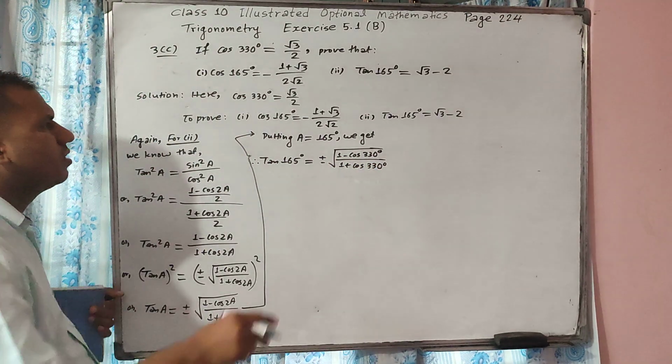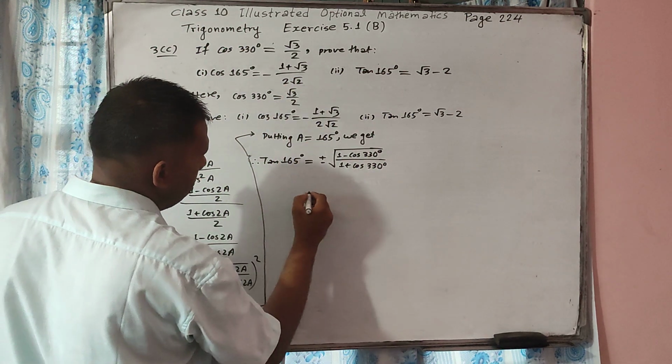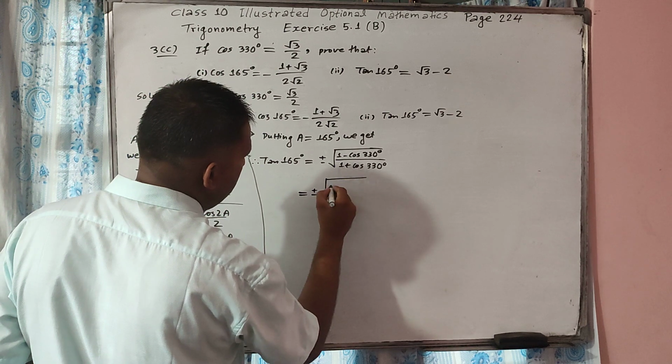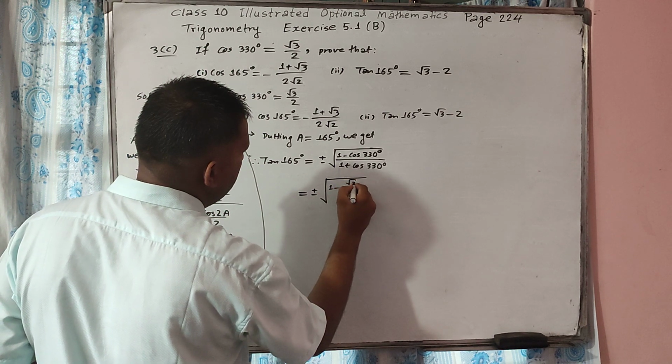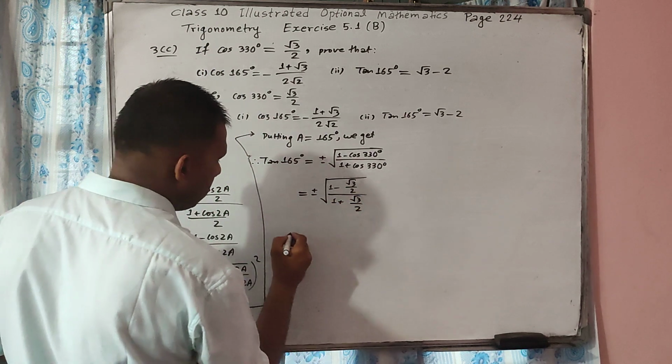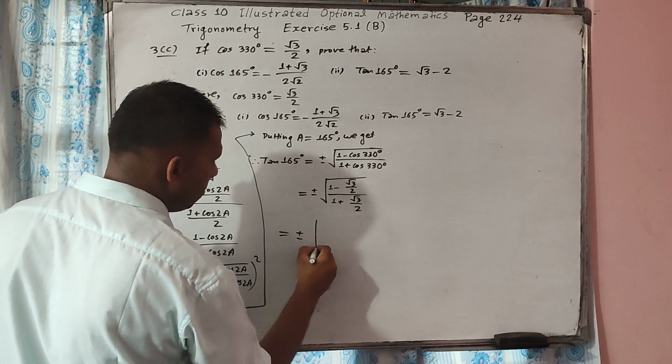Now we have the value of cos 330 degree, root 3 by 2. So this equal to plus minus square root of (1 minus root 3 by 2) whole upon (1 plus root 3 by 2).